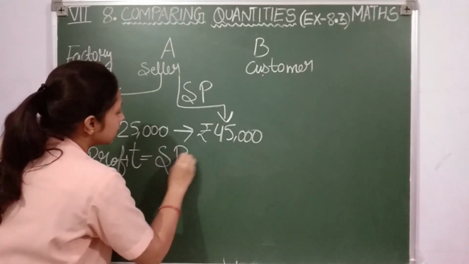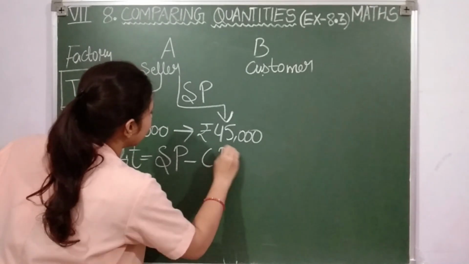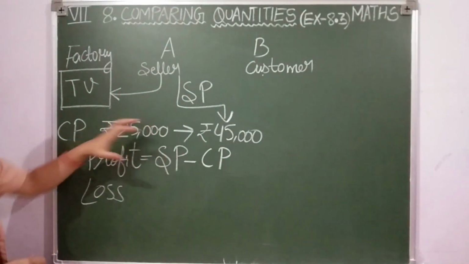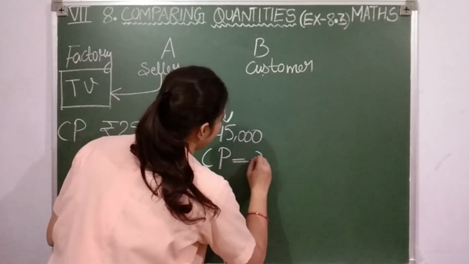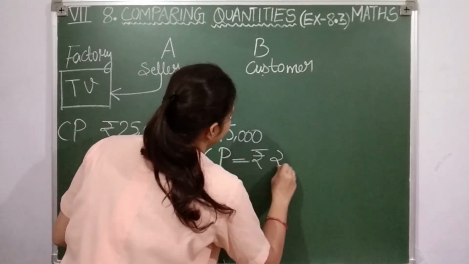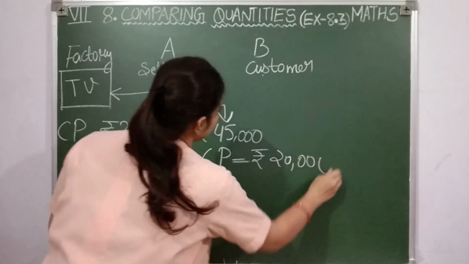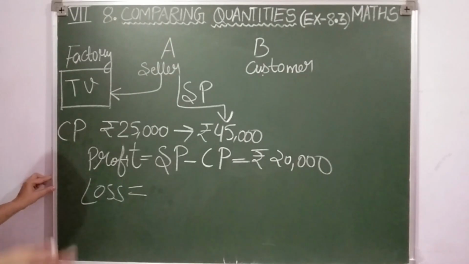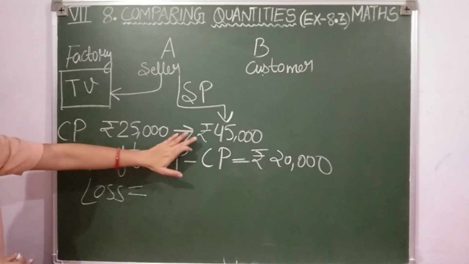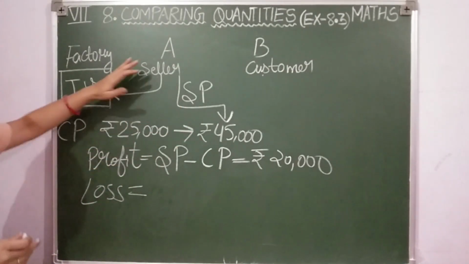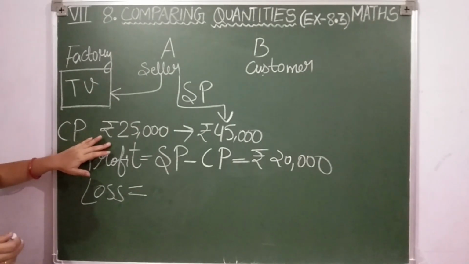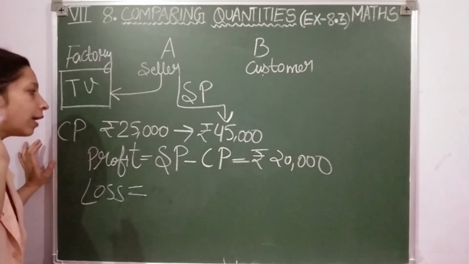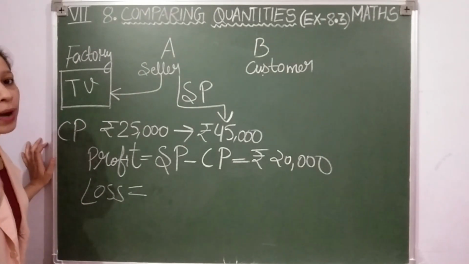So that means when selling price is greater than cost price, you can see here selling price is greater than the cost price, and we can deduct and we will get the profit. Profit is for rupees 20,000. Clear, students? Okay, and when A can have loss, suppose the selling price of TV now is not 45,000. See, A has purchased the TV for rupees 25,000, but anyhow he is selling the TV for only rupees 20,000.